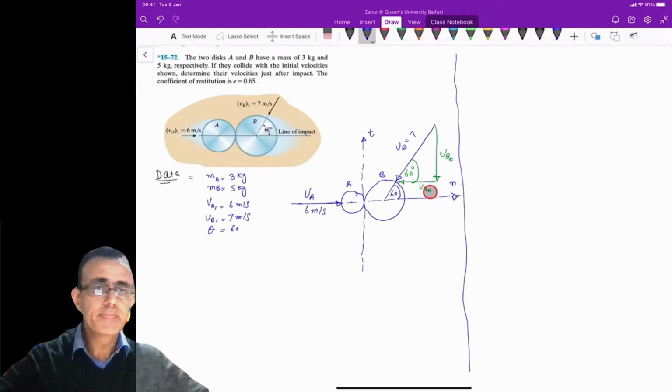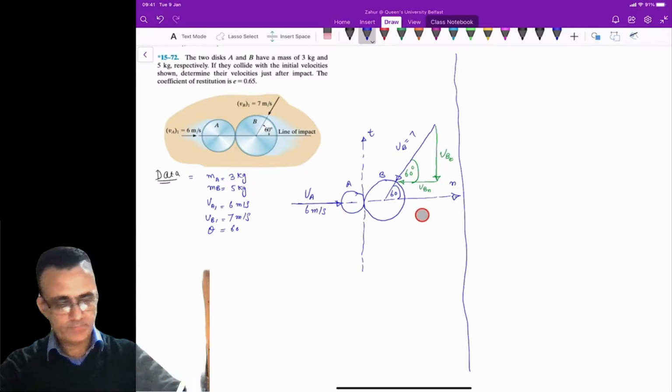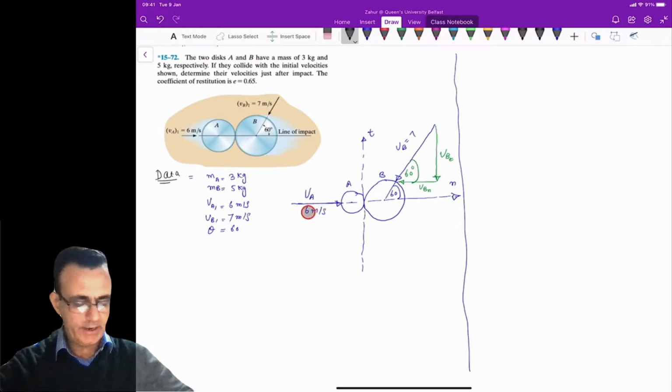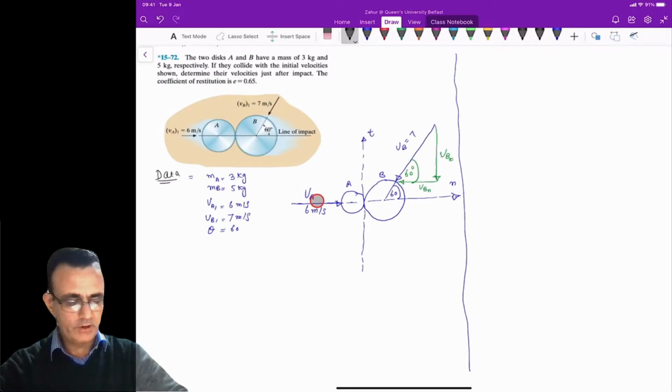In this case, what we can do is calculate the normal and tangent components of these velocities. So for velocity A before impact, we have this VA, and the velocity of B before impact is VB.